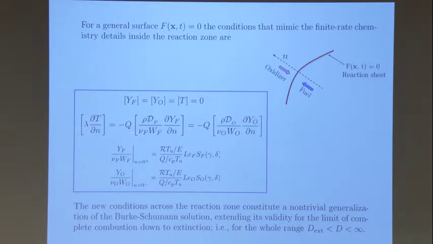Similarly, the temperature is related to that. And here is the extent of fuel and oxidizer leakage for given gamma and delta. And gamma and delta in every problem are found by solving the outer solution, namely the solution outside the sheet. So that eliminates the need to compute the reaction zone separately every time. It's done once and for all, if you like.